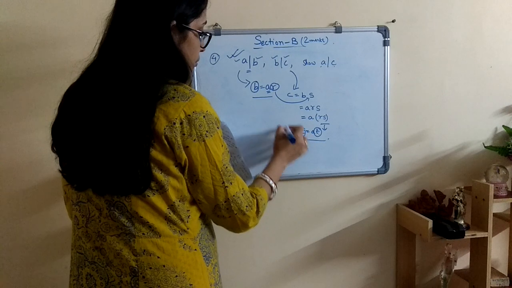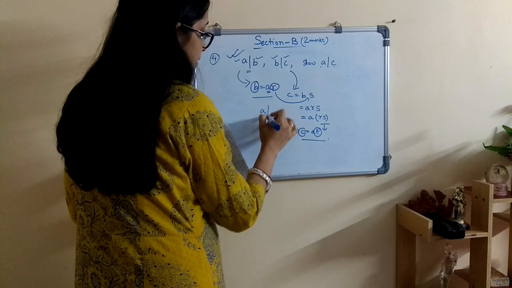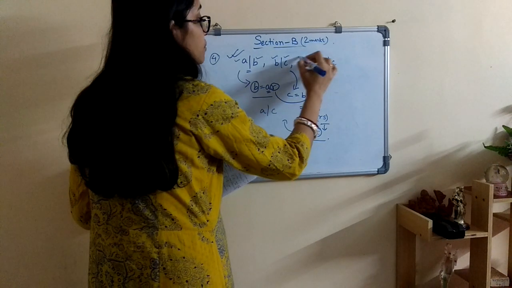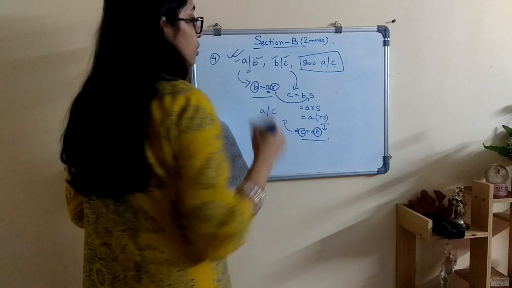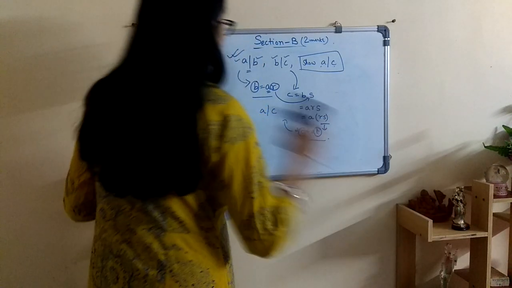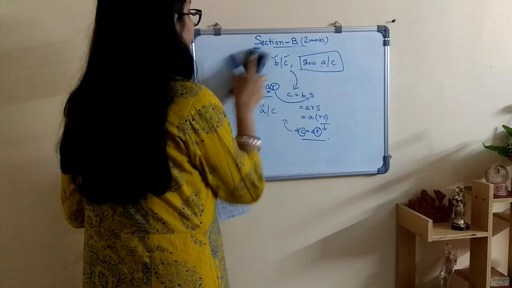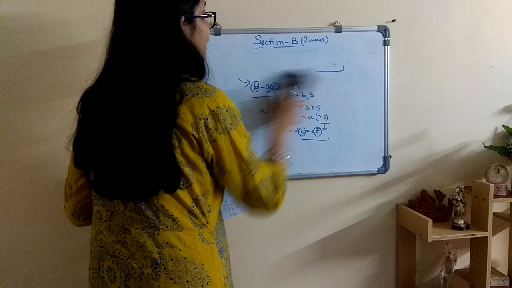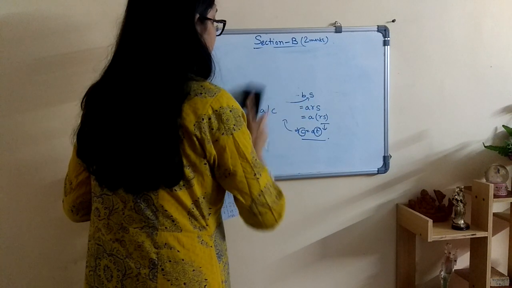So by this we can say that A is divisible by C, which we are required to show in the given question. So in this way we can solve this question. No need to write anything in a very detailed way because this question carries only 2 marks.